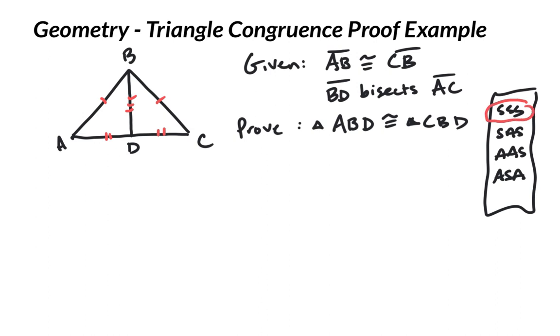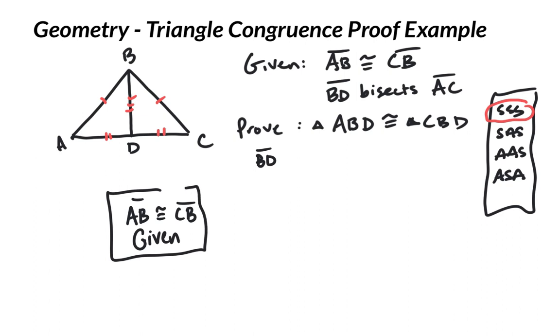Now this flowchart adds kind of a level to it. What I mean by that is I'm going to start here with just my given that AB is congruent to CB by being given. Now, I would also like to say that AD and CD are the same, but first I have to establish my other given piece. So I'm going to write the BD, put the box around to make it look like a flow chart here, bisects AC.